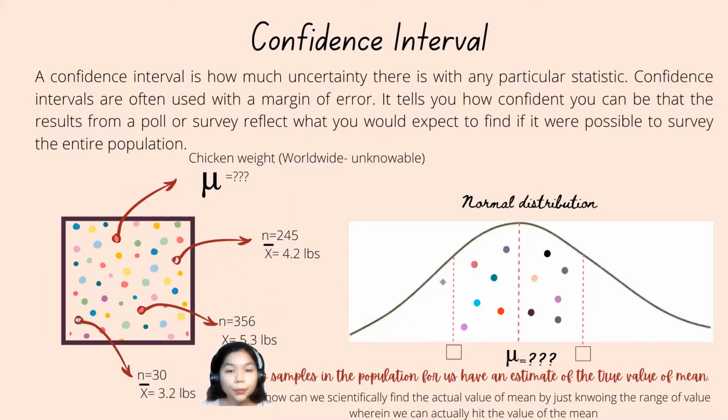Now, we can actually find the value of mean by just knowing the range of value wherein we can actually hit the value of the mean. So it's just like this. When we know the lower limit and the upper limit, we are sure enough na nasa range na ito, pwede nating ilagay kung ano ba talaga yung exact value ng ating population mean.